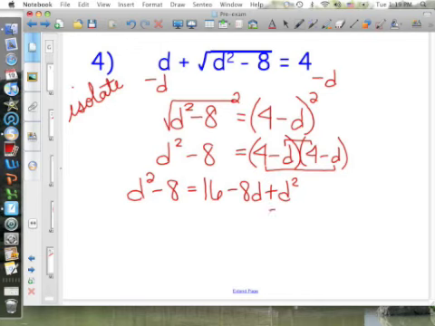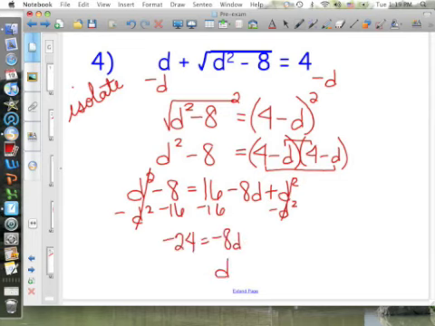If you bring all your d squareds over to the same side, they all go away. And so now you simply have an equation with d in it. If I subtract 16 from both sides, I have negative 8d is equal to negative 24. Divide both sides by negative 8, and d is equal to 3.